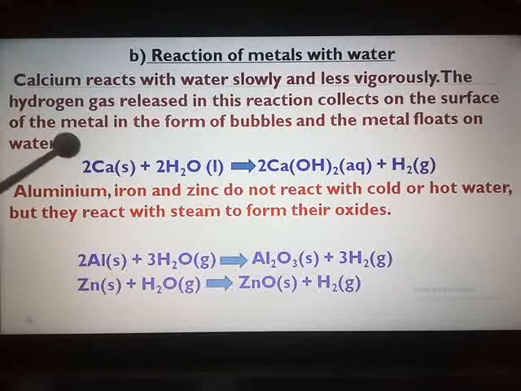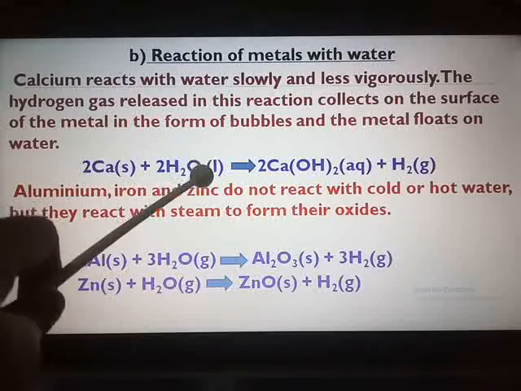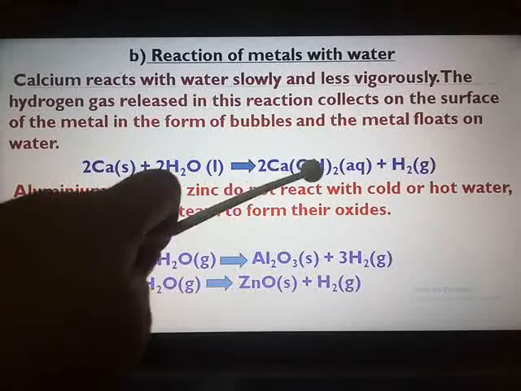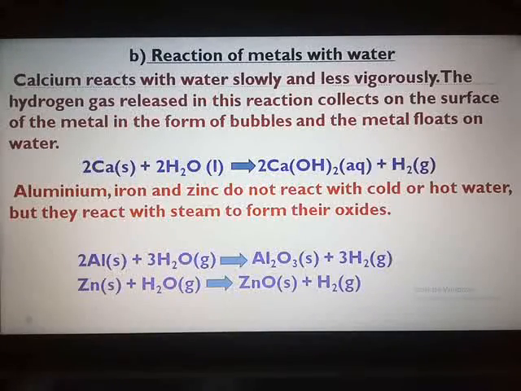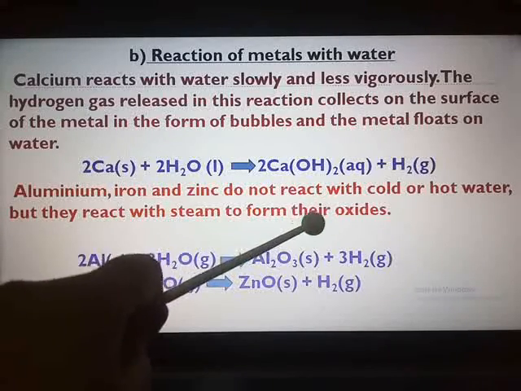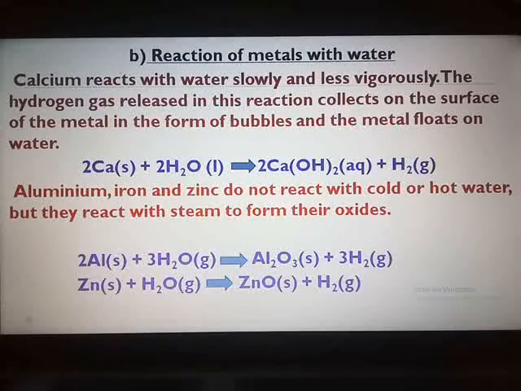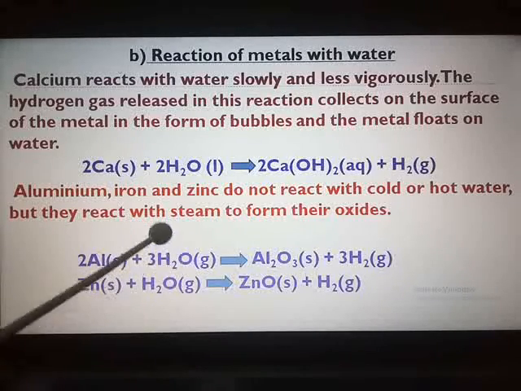Similarly, if you study about aluminium, iron, zinc, they will not be seen reacting with cold or hot water, but instead they react with steam to form their oxides. Take a note over here. If they ask the reaction of aluminium with water, then very precisely you have to mention that they do not react with cold or hot water, but they react with steam. Then provide the reaction: aluminium plus water, that is steam.